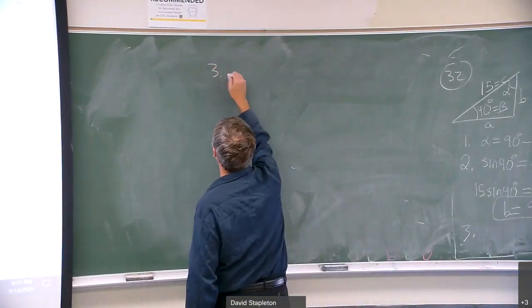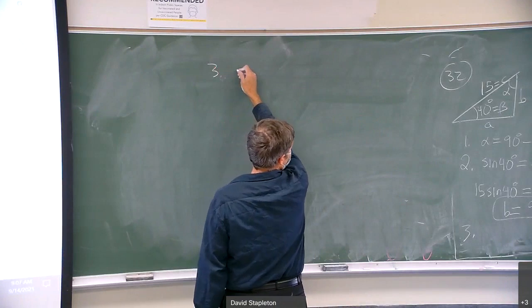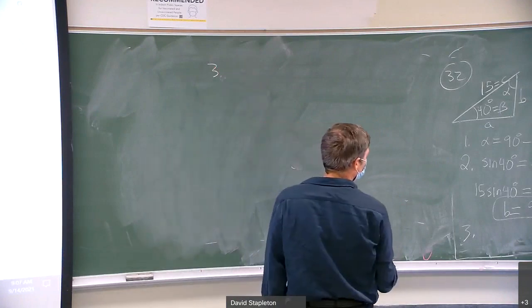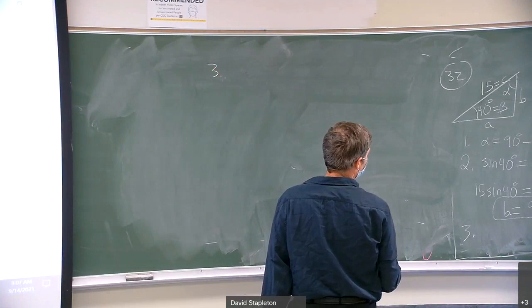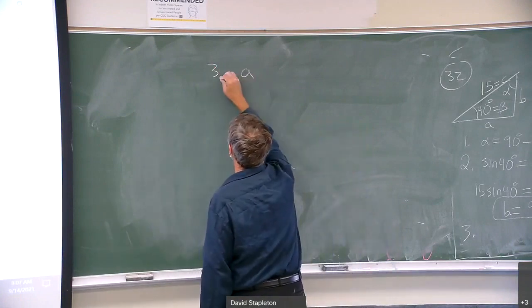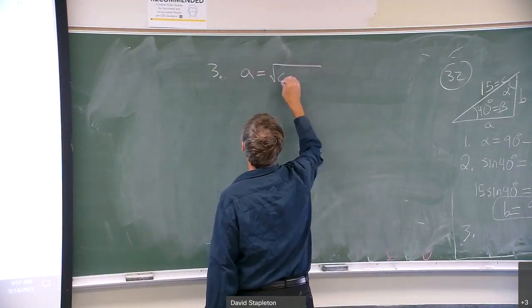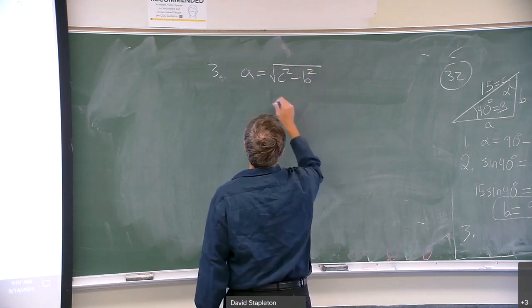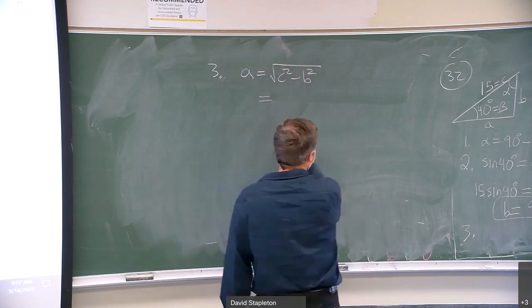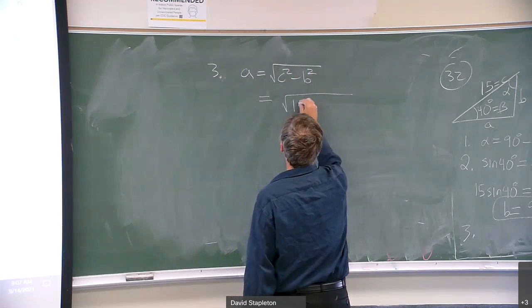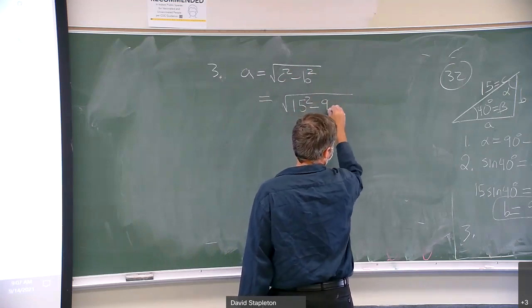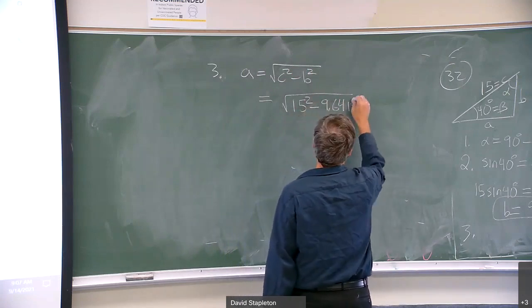I'll simply say for step 3, I need A. I've got C. So A being a leg is the square root of C squared minus B squared by the Pythagorean theorem. Solved for A is the square root of 15 squared minus 9.6418 squared.